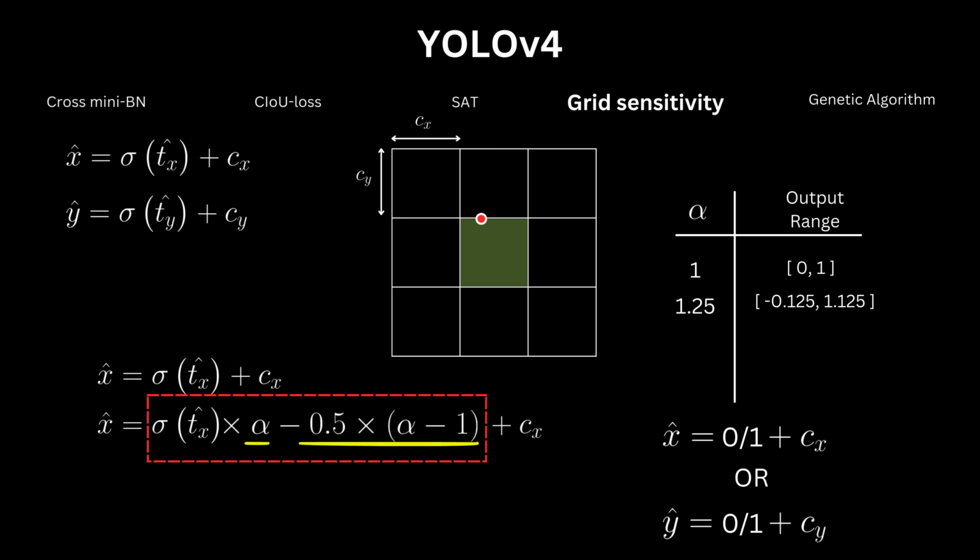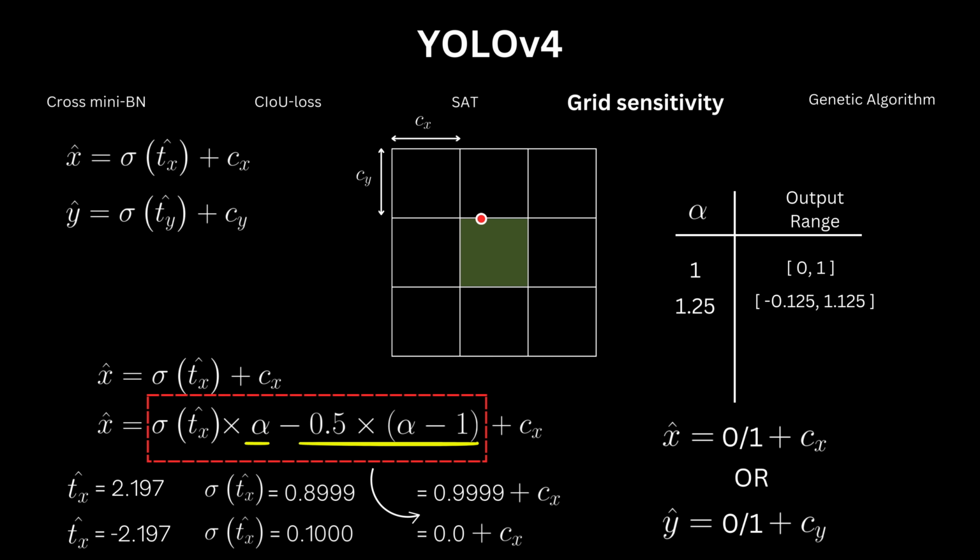To be very specific, for alpha equals 1.25, even if the network now predicts a value of Tx to be 2.197 in absolute value, these are the values that we get after sigmoid, which makes the values being added to Cx, as in the value of everything within this red box, to be equal to 0 or 1. This enables us to be in a better position to predict the box center locations even at grid boundaries, for which earlier we needed very large magnitude predictions of Tx.